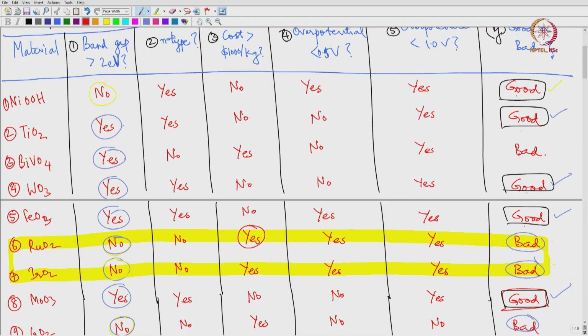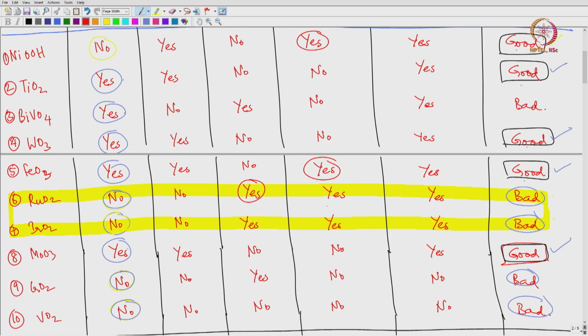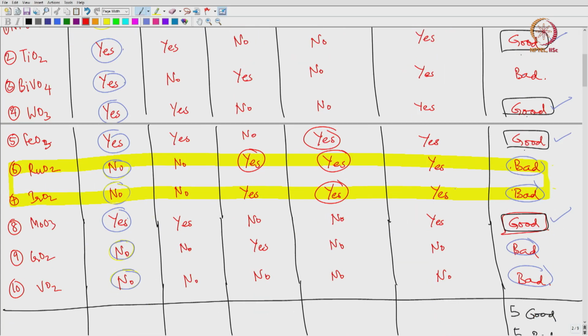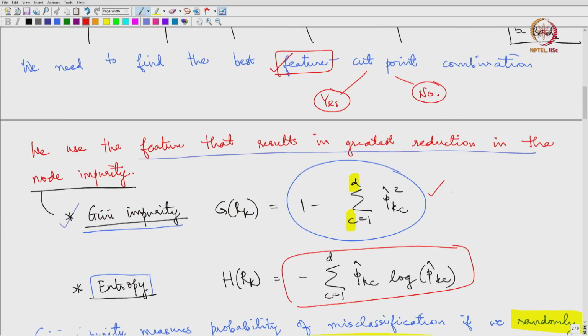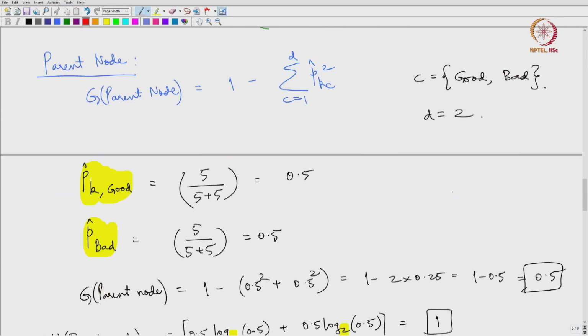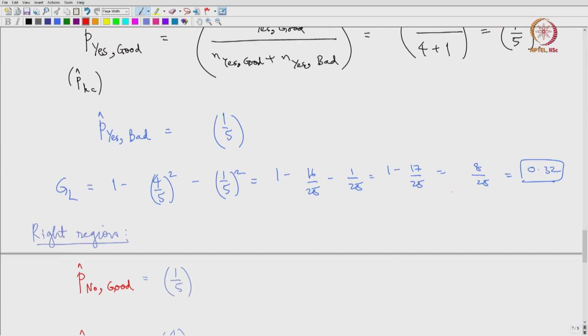So, p hat yes good: there is one yes here and then 2 yeses here, both of these yeses correspond to good, and then these 2 yeses correspond to bad entries here, right. So, you can see that for 2 yeses there are 2 goods, and then for 2 yeses there are 2 bads. Okay. So, you can see that p hat yes good is just 0.5.